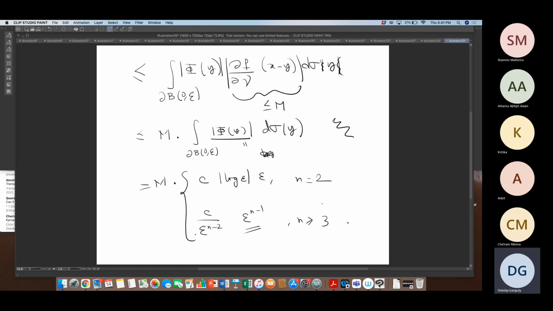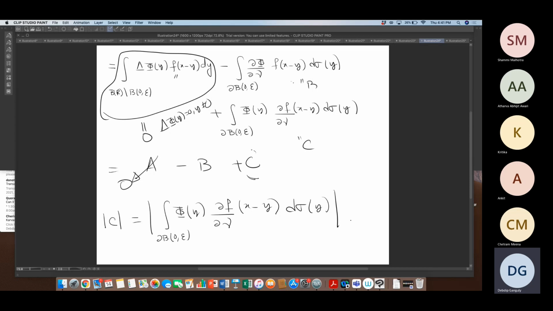Okay. So for every n, this goes to 0 as epsilon tends to 0. Clear? So this term goes to 0 as epsilon tends to 0. So c is also 0. This part also goes to 0 as epsilon tends to 0.